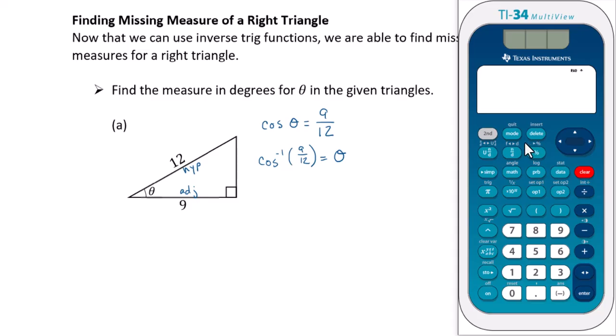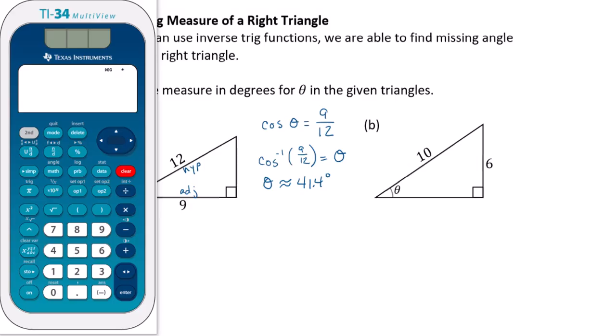We want the measure in degrees, so let's make sure that we change our calculator to degree mode if necessary. And we'll go into the trig menu, scroll down to inverse cosine of 9/12. And here we have a theta of approximately 41.4 degrees.